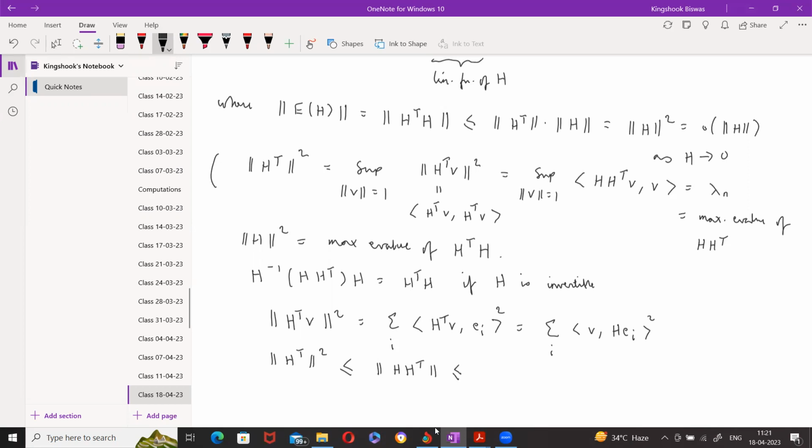Now this, by the usual inequality, is less than the norm of H times the norm of H transpose. So if H is non-zero, you just divide by the norm of H transpose, and get that the norm of H transpose is less than or equal to the norm of H. And then you apply this again, and that implies that the norm of H is less than or equal to the norm of H transpose. So therefore they're equal. Yeah, good, that works.